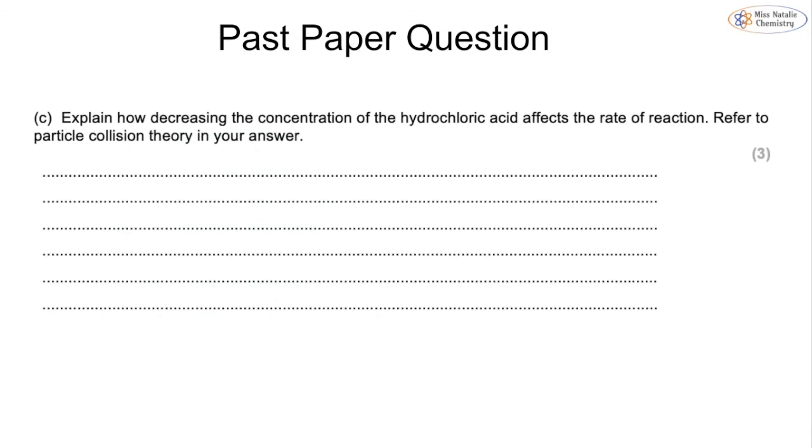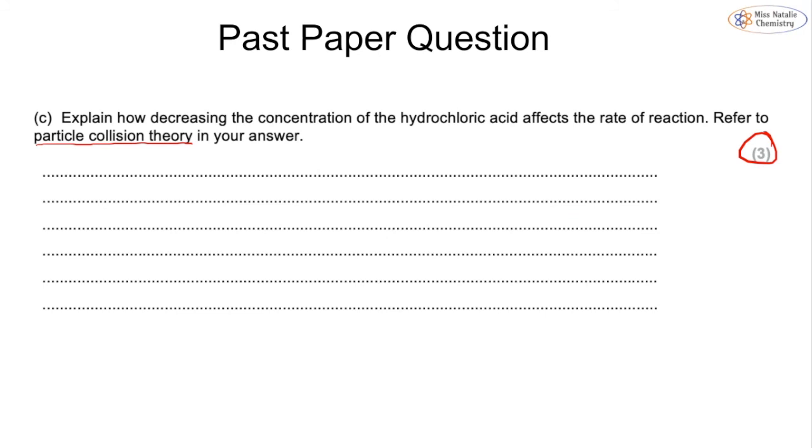And then for part C, explain how decreasing the concentration of the hydrochloric acid affects the rate of reaction. Refer to particle collision theory in your answer. Now, when you're answering one of these questions, they will almost always be a 3-marker. And you should follow a very specific way of answering these.